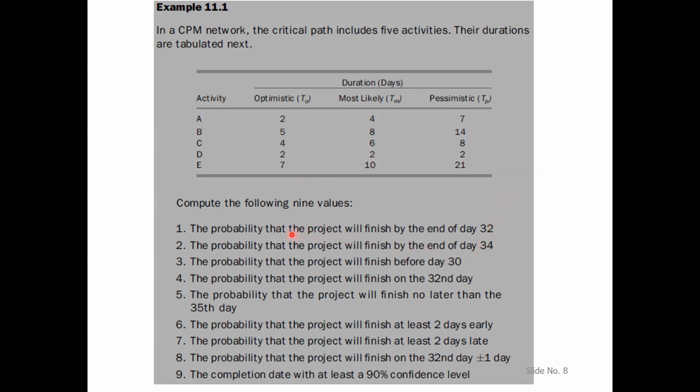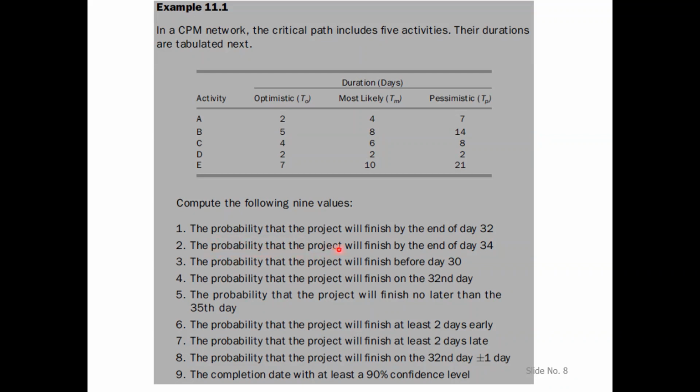So for example, if the project finishes in 32 days, what will be the probability? That means 50% probability, 70% probability, 30% probability, whatever that probability. So this PERT method will tell us that probability.